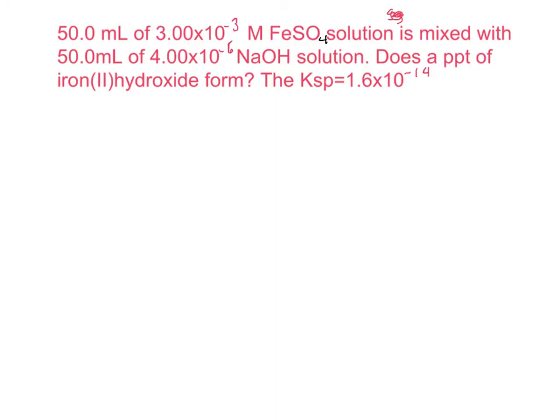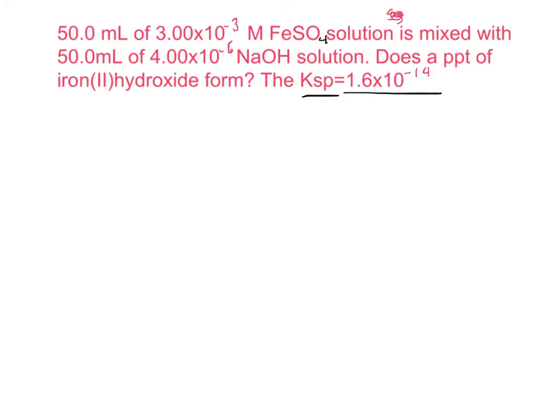So first things first, if we want to find out if a precipitate is formed, we have to calculate Qsp and then compare that with the Ksp that's given. So we need molarity, and we also need to realize that since we're mixing solutions, we need a total volume.